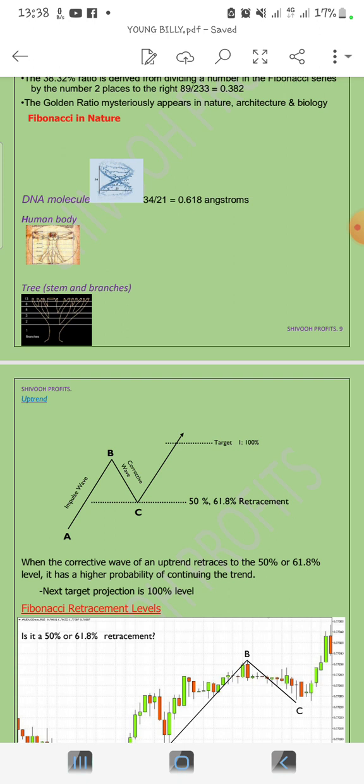From A to B is the impulsive wave, from B to C is the corrective wave, and from C is where we have the continuation of the trend. When you take our Fibonacci, you point it from point A to point B, so that we can estimate our retracement, or the pullback, to point C. The retracement is from 50% to 61.8% or 78%.